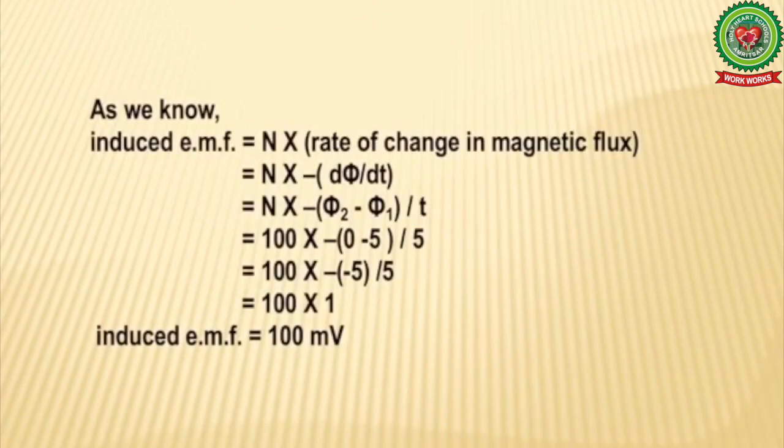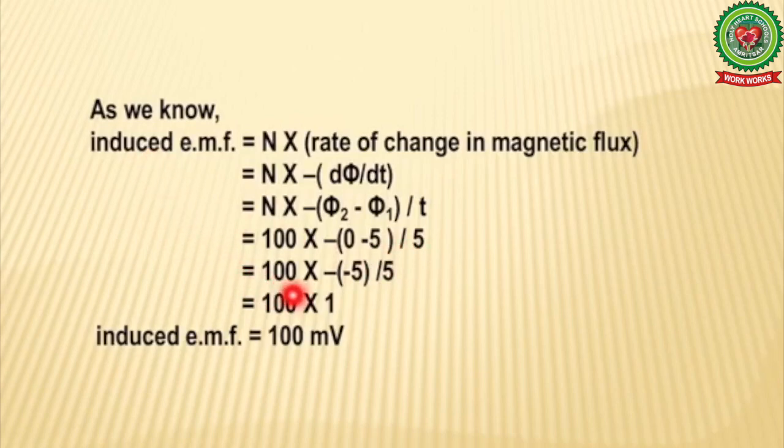As we know, induced EMF is equal to N into rate of change in magnetic flux. Induced EMF is equal to N into minus d phi upon dt, where phi is magnetic flux. Induced EMF is equal to N into minus (Phi2 minus Phi1) upon t. Let's fill the values. Induced EMF is equal to 100 into minus of (0 minus 5) upon 5.